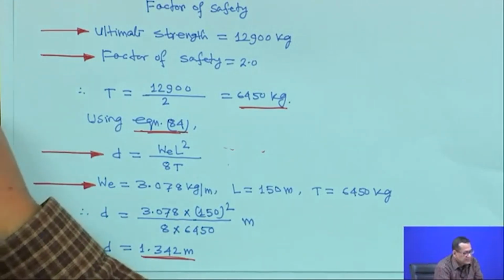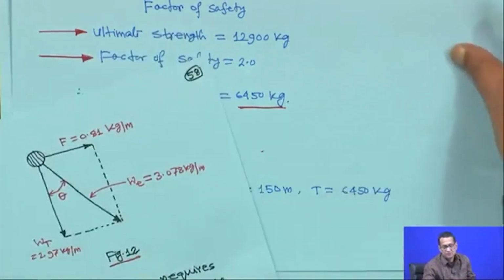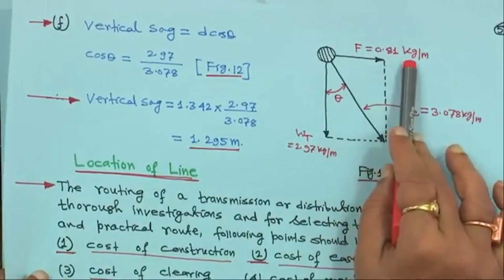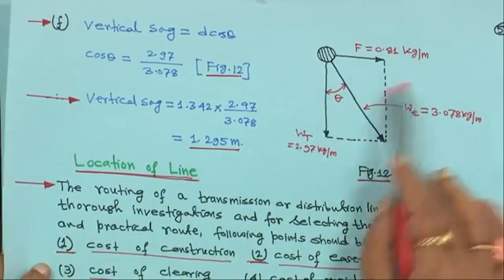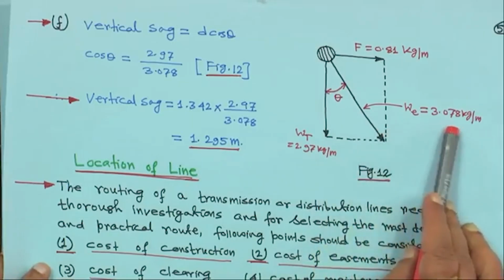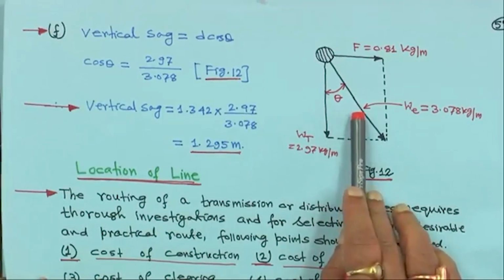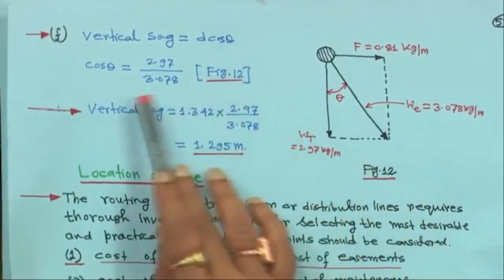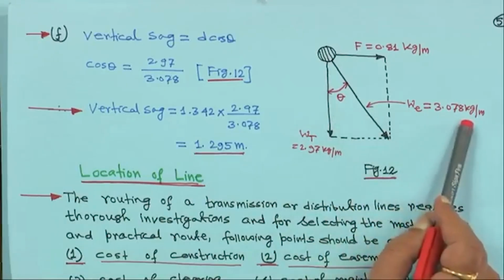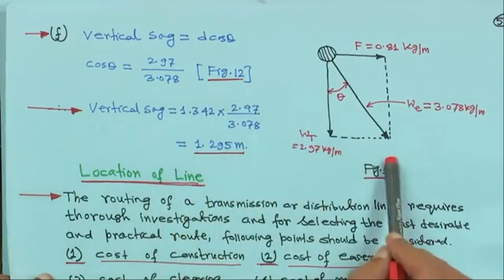So vertical sag we have seen earlier, it is D cos theta. In this case F is acting this way, 0.81 kg per meter, Wt is 2.97 kg per meter, the resultant is 3.078 kg per meter and this angle is theta. So vertical sag will be D cos theta. So cos theta is equal to 2.97 upon 3.078, from figure 12, from this figure.